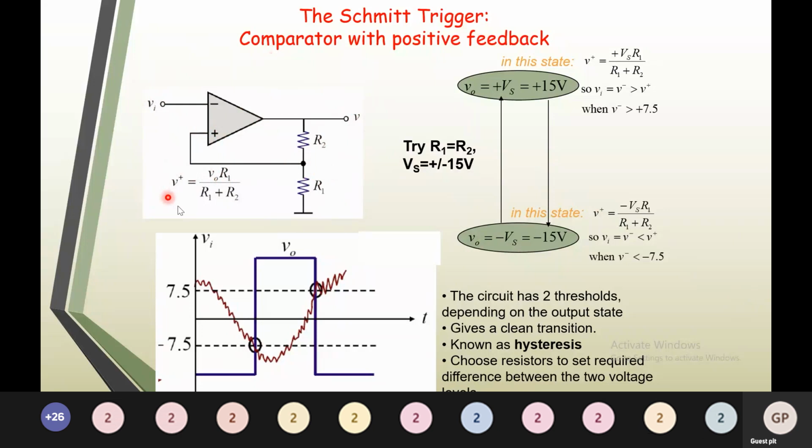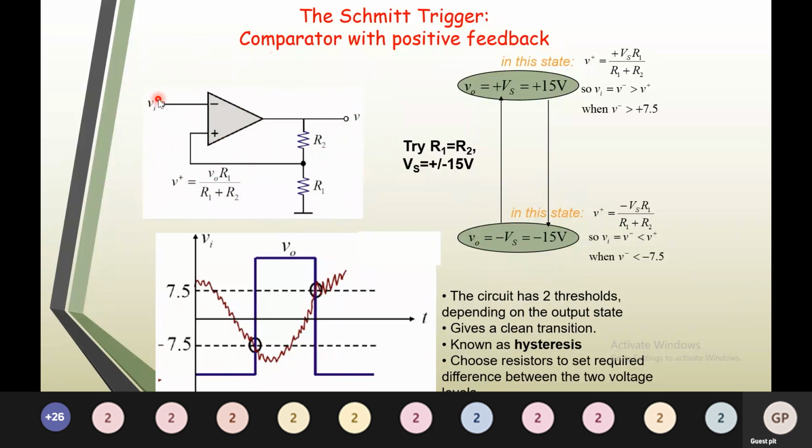So that is what V plus, and this V plus is not constant, because the output of a comparator can be either plus VSAT or minus VSAT. When this is plus VSAT, I'll get a positive reference here, and when my output is minus VSAT, I'll get a negative reference here. So it means this unknown input is not compared with a single standard known reference.